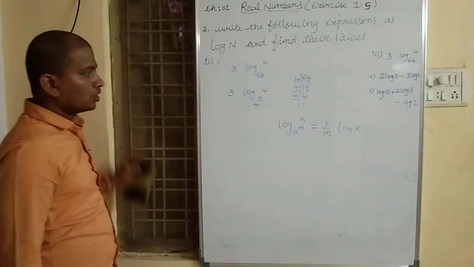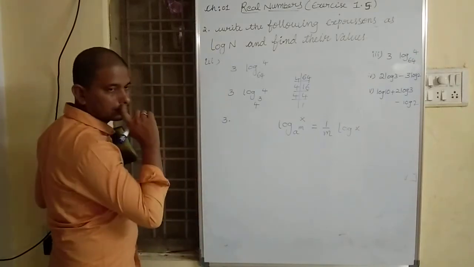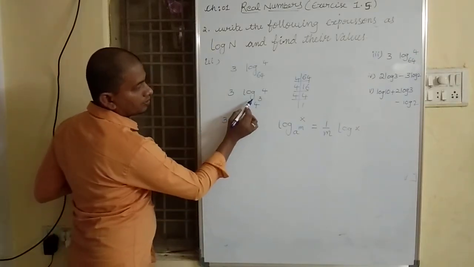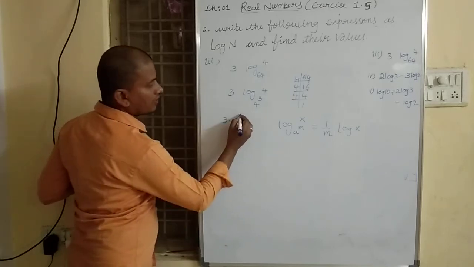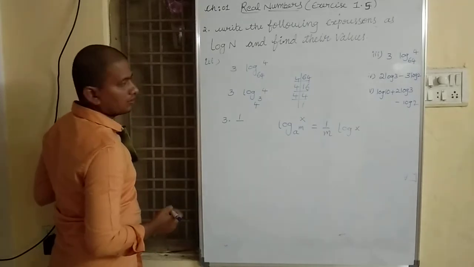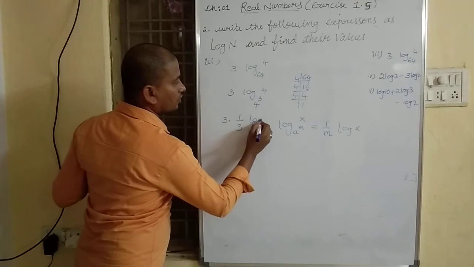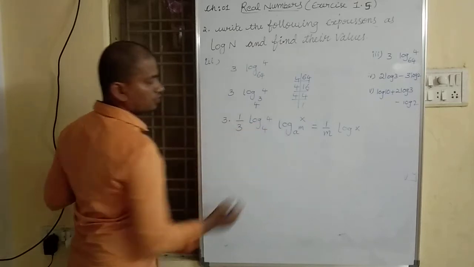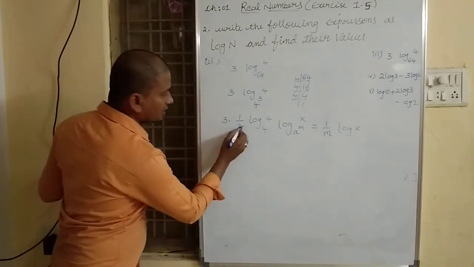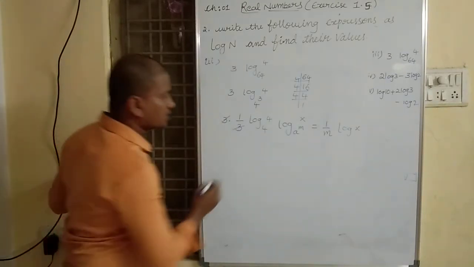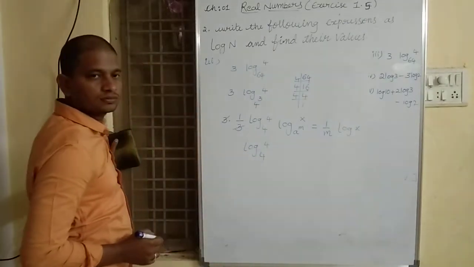So here this 3 as it is you write down, and 1 by m here m is 3, so 3 into 1 by 3 into log 4 to the base 4. So I can cancel this 3. Yes, we have log 4 to the base 4.